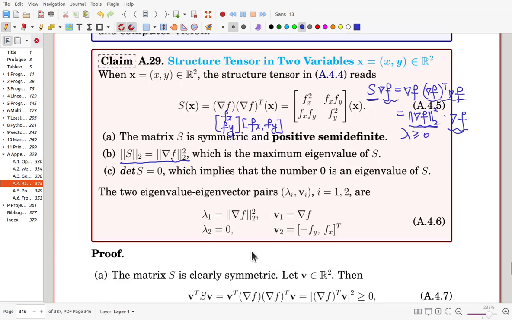So here we can get the eigenvalues and eigenvectors. The larger eigenvalue is the gradient of f norm squared, and the eigenvector is the gradient of f. And for the smaller one, the 0 eigenvalue, you can easily check that this one is the eigenvector.